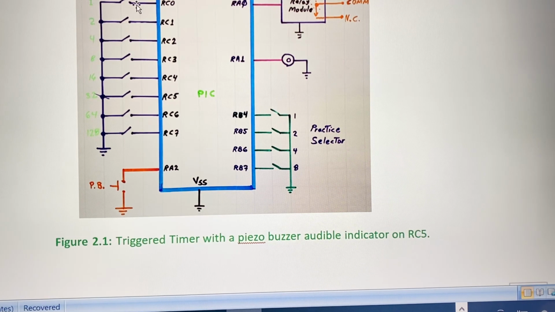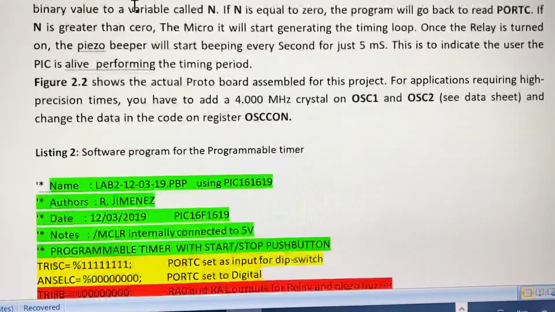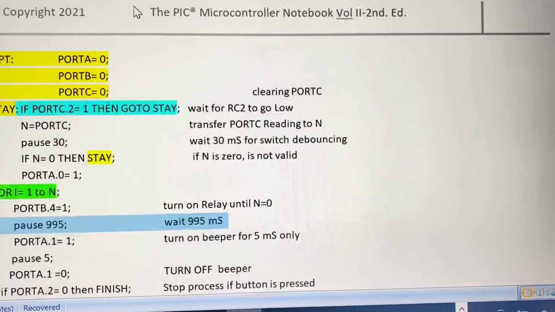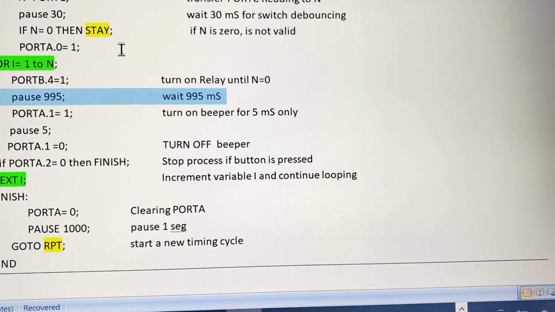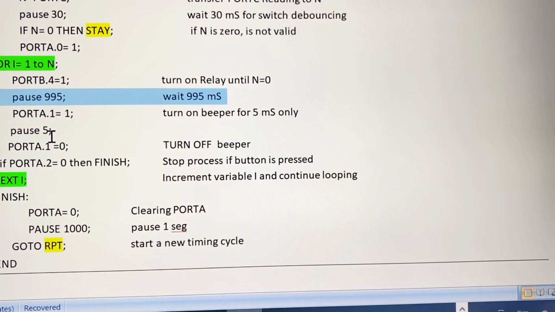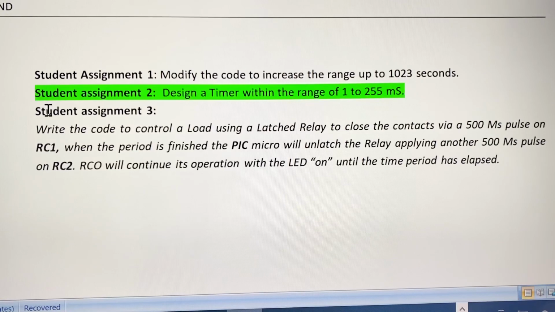If you do that, you have to write the code, compile it, and of course you have to change the number of pauses. This pause you have to change, and of course you also need to change this one. So you might want to decrease them to 1 millisecond for the beeper. It's up to you to find that solution.